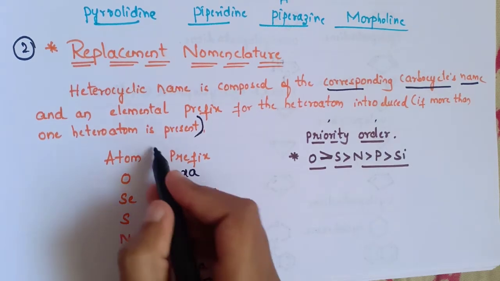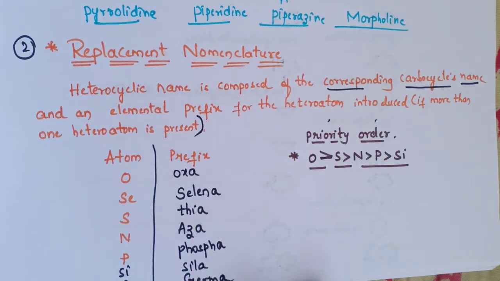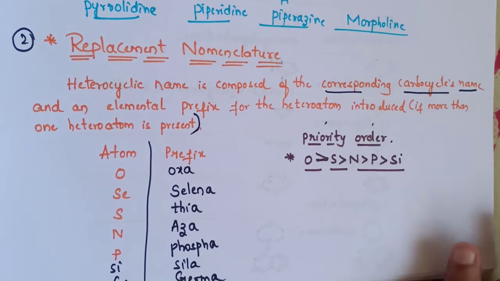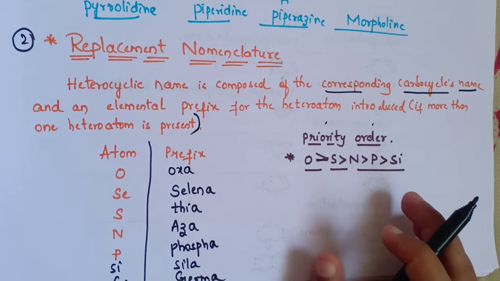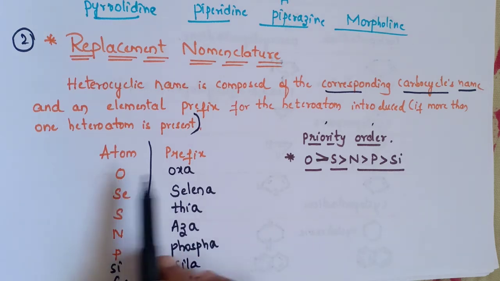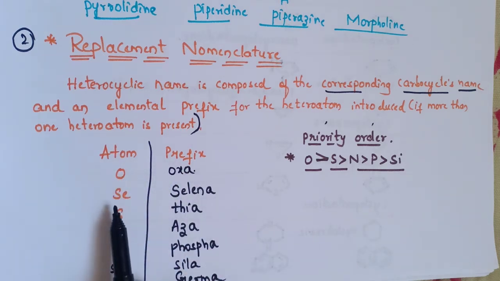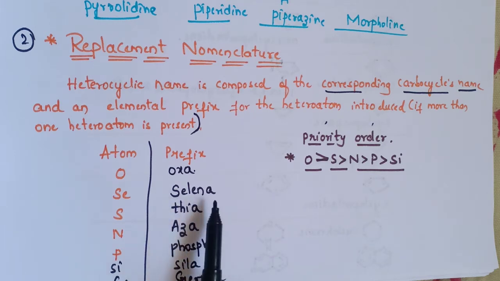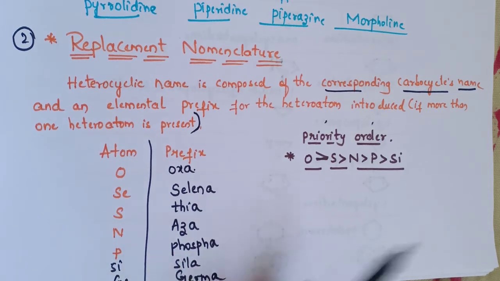These are the atoms and the prefixes used for naming heterocyclic compounds in the nomenclature. Now see, for oxygen oxa, selenium selena, sulfur thia, nitrogen aza, phosphorus phospha, silicon sila, germanium germa.